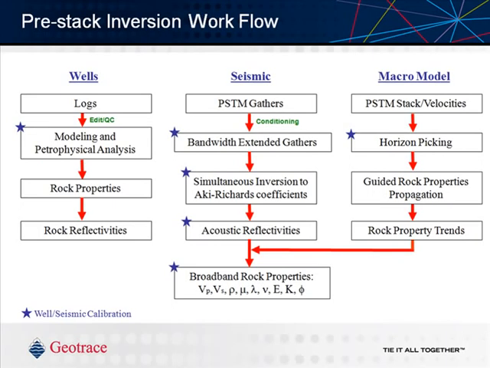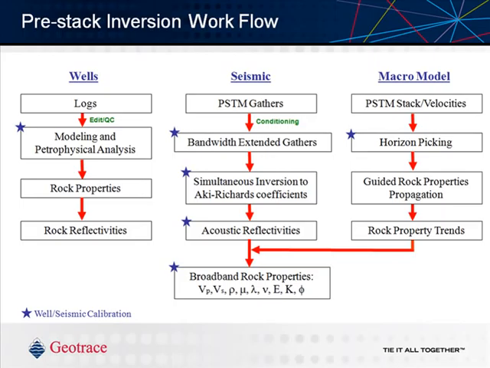Our pre-stack inversion workflow, this is just a mock-up of it. It's not exact, but it gives you an idea of what's involved. We do use wells. Wells are our boundary conditions, in effect, because we don't know what our boundary conditions are at every trace, so we have to have some set of boundary conditions, and we can at least use the wells for that at certain known locations. Then we have our seismic data, of course, and we use the bandwidth extension on it.